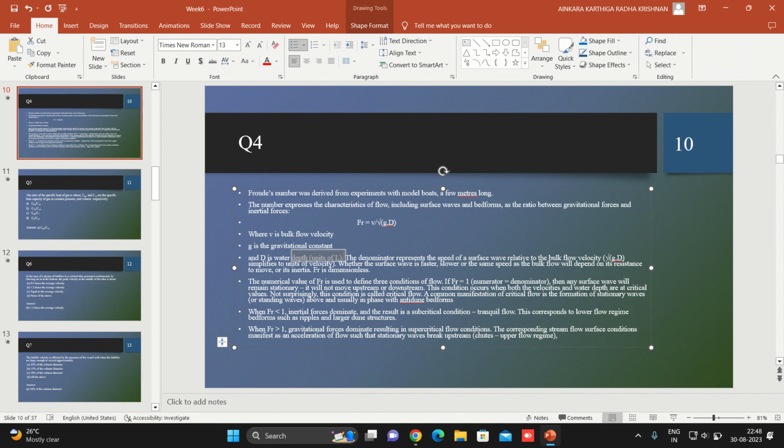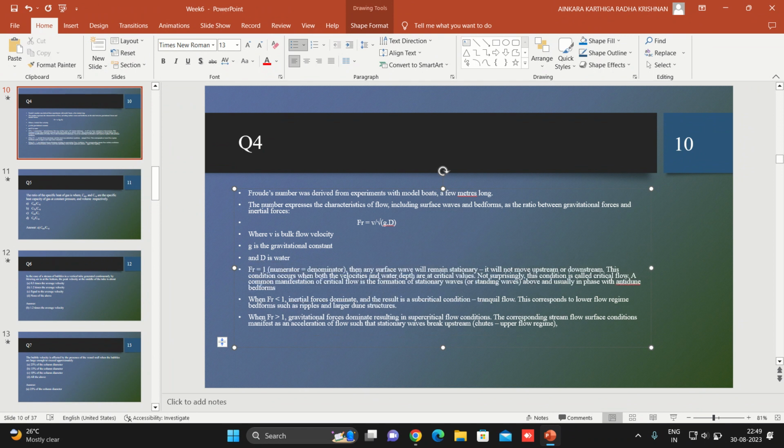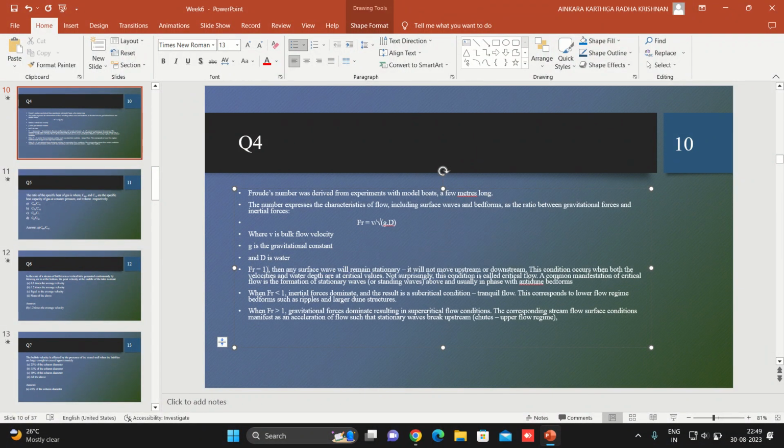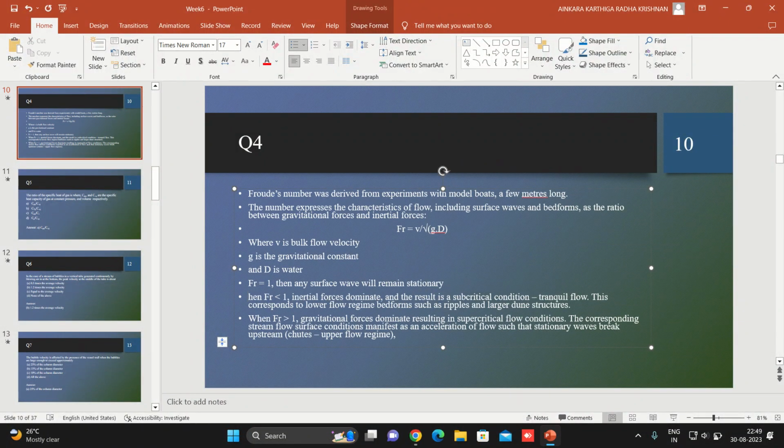The denominator represents the speed of a surface wave. Froude less than or equal to 1, any surface will remain stationary. When Froude is less than 1, inertial forces dominate.